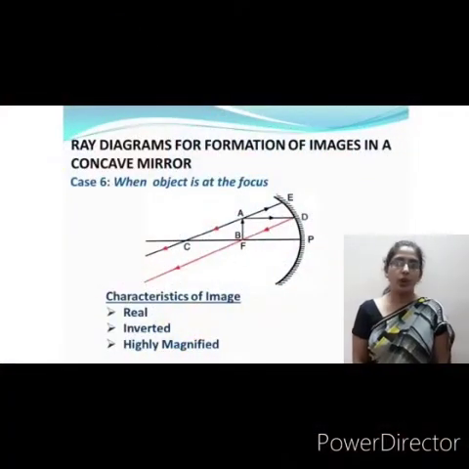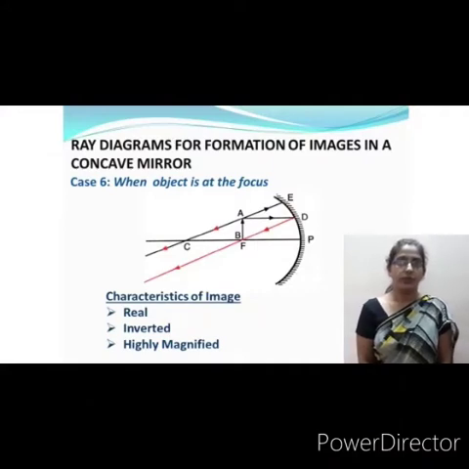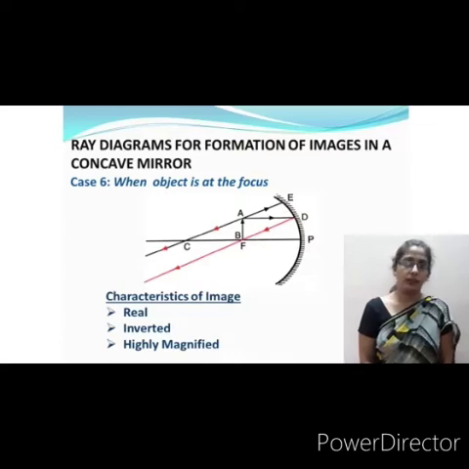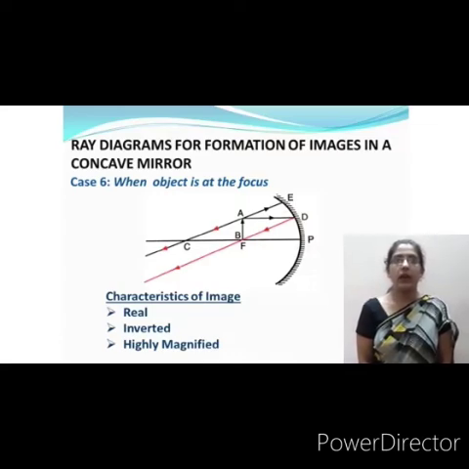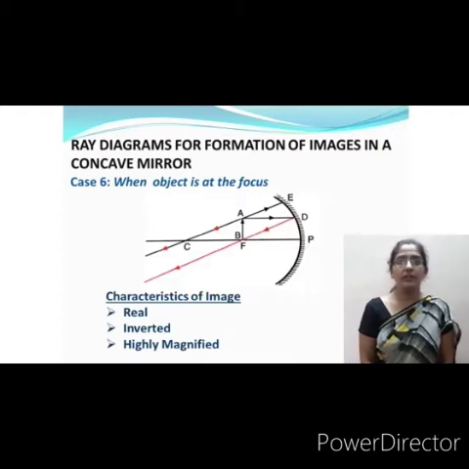Case 6, when the object is at focus. An object AB is placed at focus. The first ray AD parallel to the principal axis after reflection passes from the focus. Second ray AE appears to come from the center of curvature, which is incident normal on the mirror and retraces back.